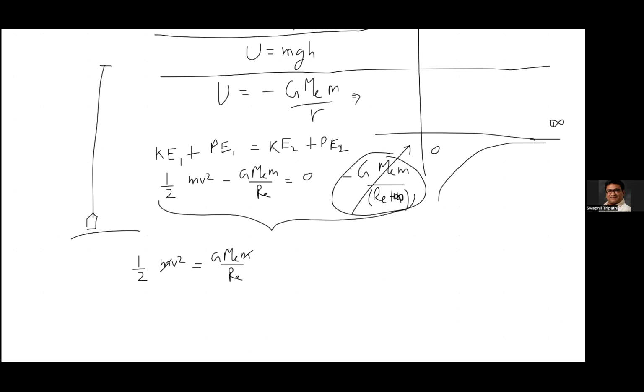This 2 can be cross multiplied over here. Simplifying this, and then we can take a square root on both sides, and it looks like this.